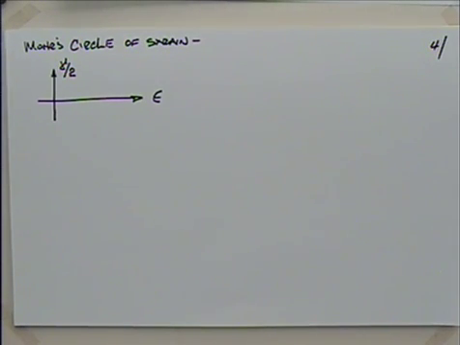Okay. Just like we had sigma and tau, we have epsilon and gamma over 2.